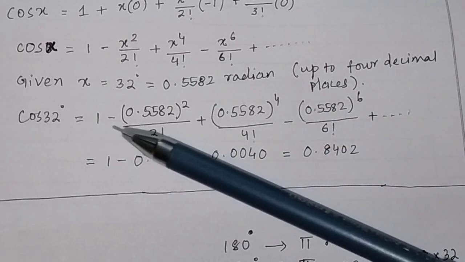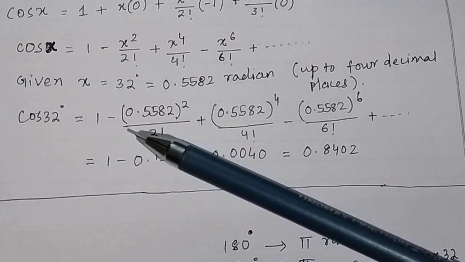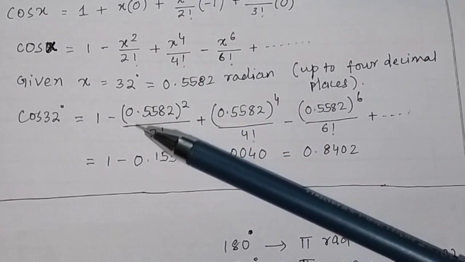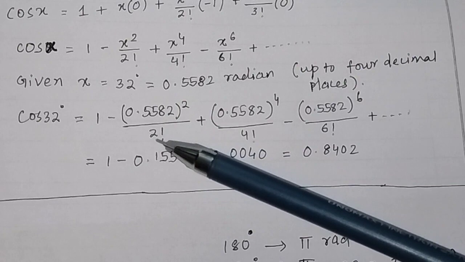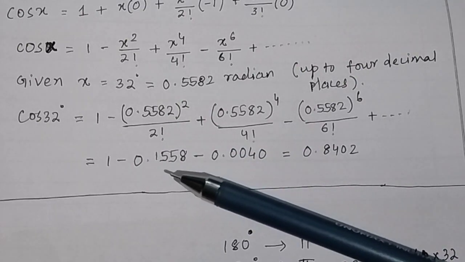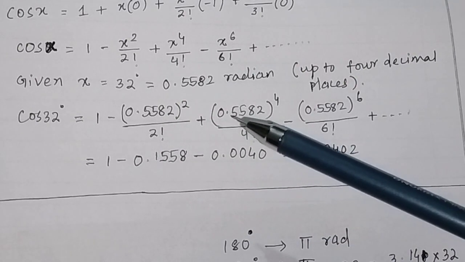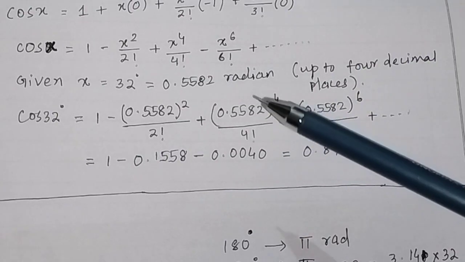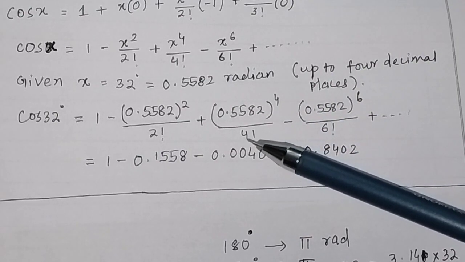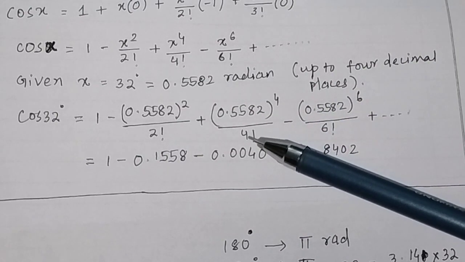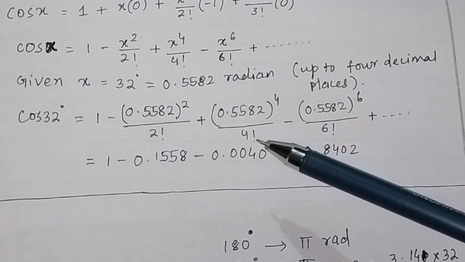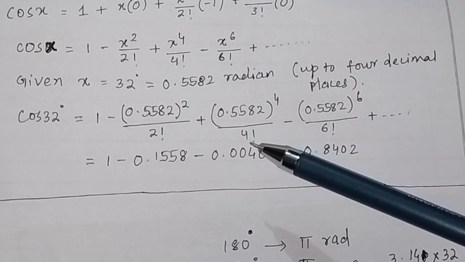And if you solve it, the first term will be equal to 1 minus, if you take the square of this quantity, then divide by 2, this will be equal to this much. And if you take the fourth power of this term, divide by factorial 4. Factorial 4 is 4 into 3 into 2, that is 4 into 3, 12, into 2, 24.